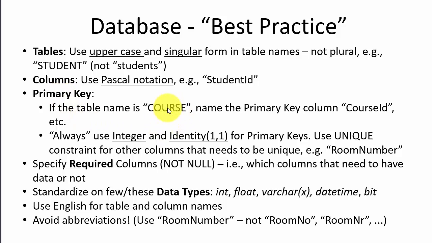And typically in a course table, you name the primary key column course ID like this. And typically the primary key column should be an integer and an identity column, meaning every time you enter something into that table, the primary key will be automatically generated by the system. And you should also standardize on a few data types like int, float, varchar, datetime, etc.